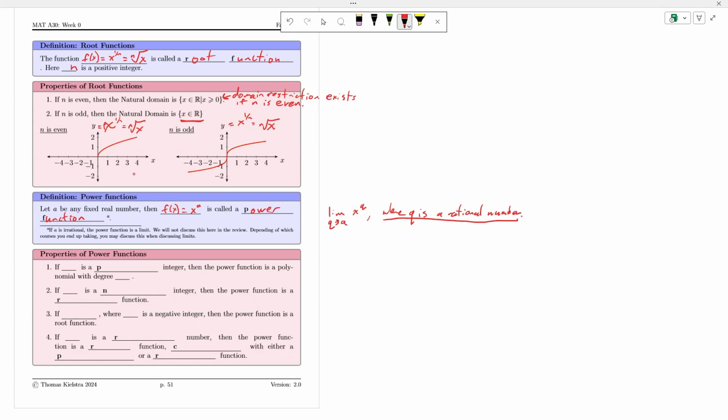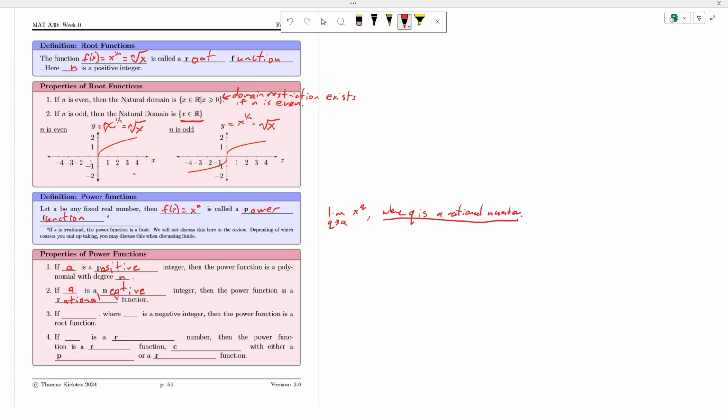Now, if a is a positive integer, then the power function is a polynomial with degree n. And if a is a negative integer, then the power function is a rational function.